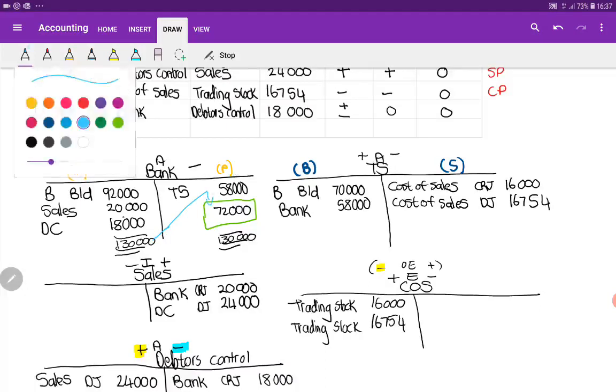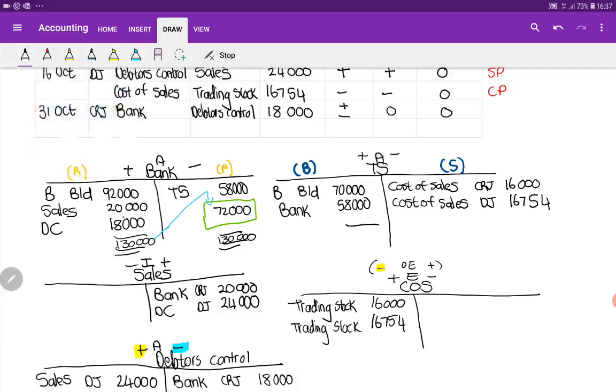If I look at my trading stock account, to find out how much stock we have left over at the end of the month, we need to balance this account. So we started with an opening balance of 70,000. 70,000 plus 58,000. The debit side is equal to 128,000. It means the credit side must be equal to 128,000. So the difference is my balance.